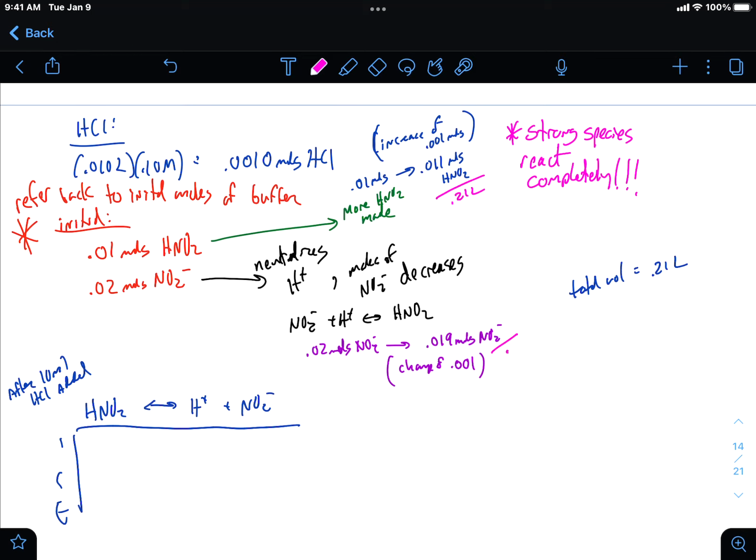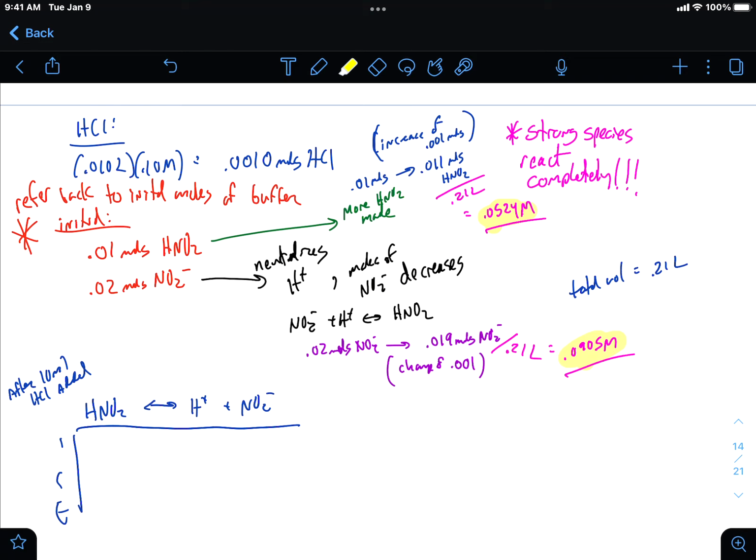Here, divided by 0.21 liters. 0.0524 molar. 0.0905 molar. Okay. We have our new initial concentrations.